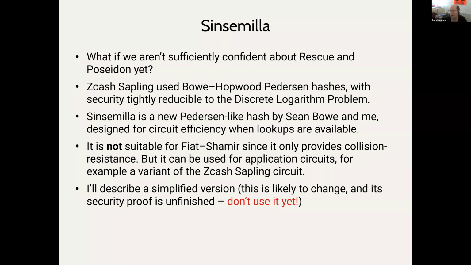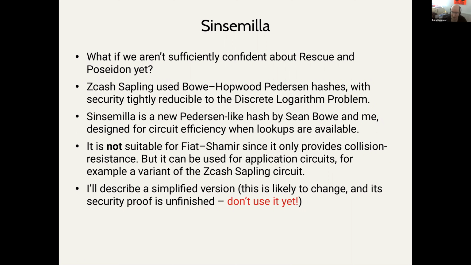And so this is actually the reason why in Sapling we used Pedersen hashes. Pedersen hash only depends on the hardness of the discrete logarithm problem, but it only provides collision resistance, but that might be sufficient for some application-level circuits.